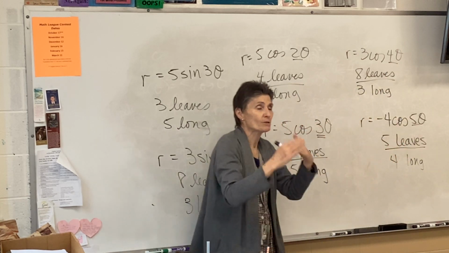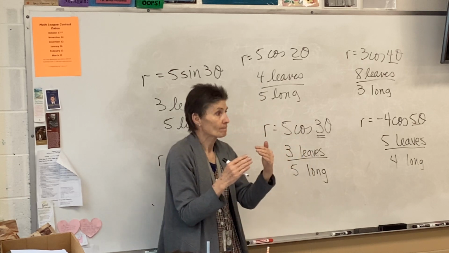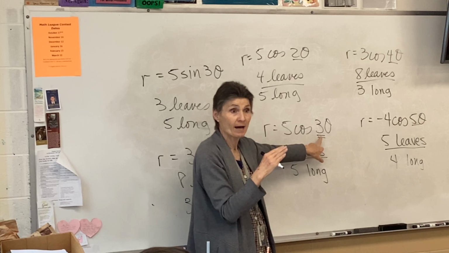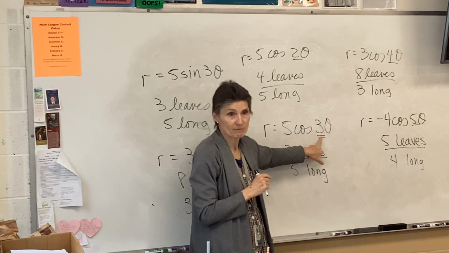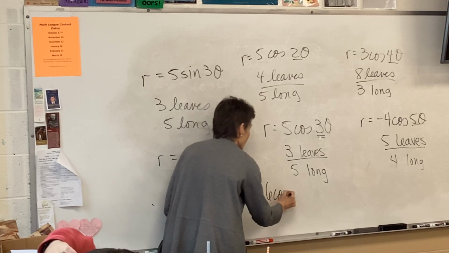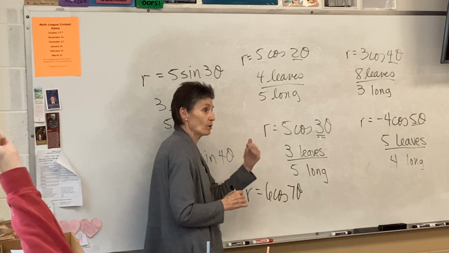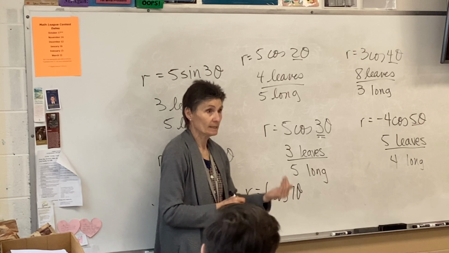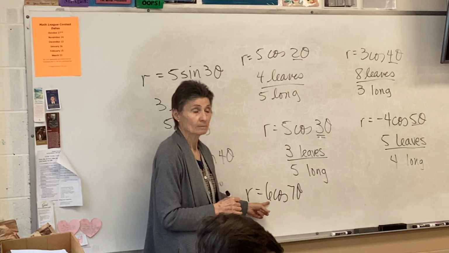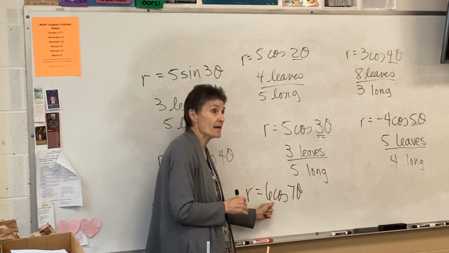So what appears to be happening here? If this coefficient on theta is odd, then that's how many leaves you'll have. So if we had 6 cosine 7 theta, there would be 7 leaves. And they would be 6 long. This is like the amplitude.